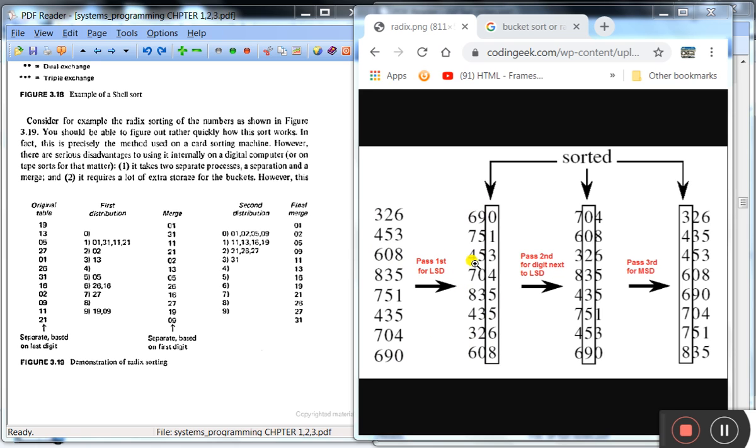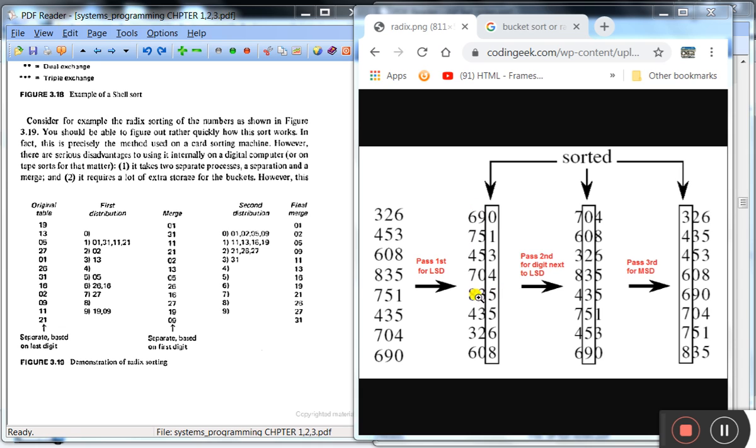For the next pass we go to the next least significant digit, the second column. We do the same thing, but we check the elements we got in the first pass, looking at the next column. Where is 0? 0 is here, 704 is kept, 608 is kept.